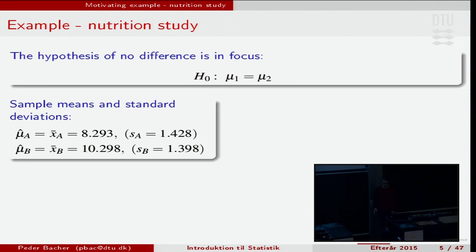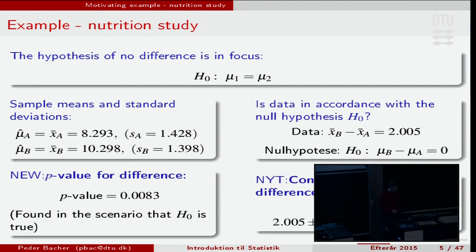Okay? In this example, what we will need to do is calculate the sample mean, so the average of each of the two samples, and also the sample standard deviations of each of them. And then we will use them in a formula to calculate whether, given that the null hypothesis is true, how likely is it to observe this data?